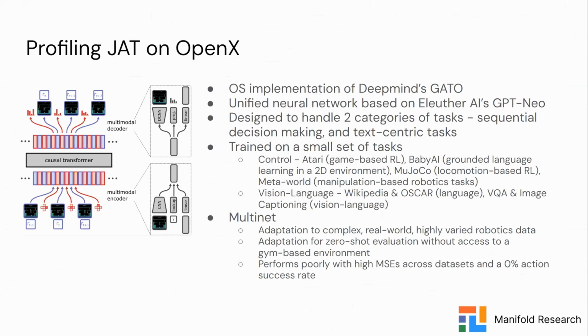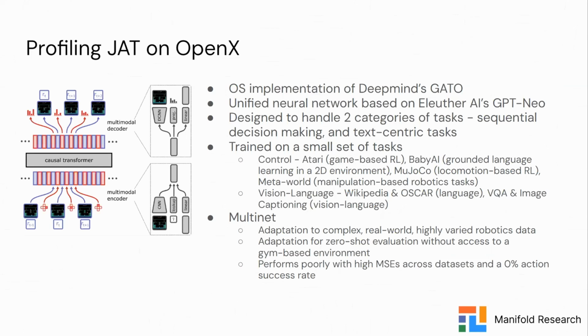It's mainly been trained to handle really only two categories of tasks. One is text-centric tasks, and one is sequential decision-making tasks, which is basically the control that we've been talking about. But being a small model, it's only been trained on a very small set of tasks. For control, it's just Atari, BabyAI, MuJoCo, MetaWorld, and for vision language, 2 or 3 datasets.